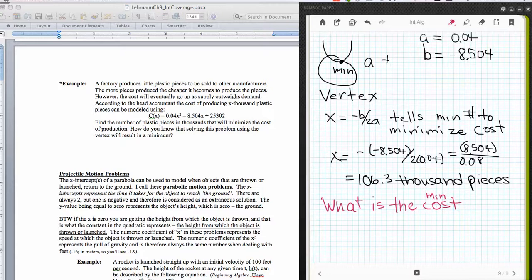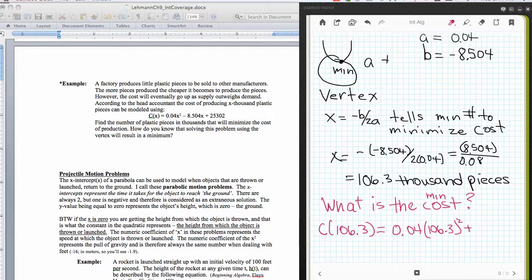Because that is what we're minimizing, the y value here. The minimum cost is this C of 106.3 thousand. And that means we're going to be substituting in for our x's 106.3, and we would get this resulting equation.